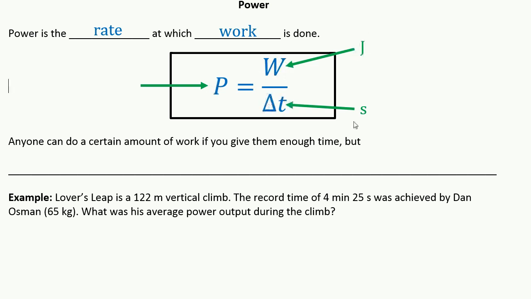So joules divided by seconds, or joules per second. And as we're becoming accustomed to, a lot of these really important units we tend to rename. So the unit of 1 joule per second was used a lot and studied a lot by a guy with the last name Watt. So we have renamed a joule per second to a watt.